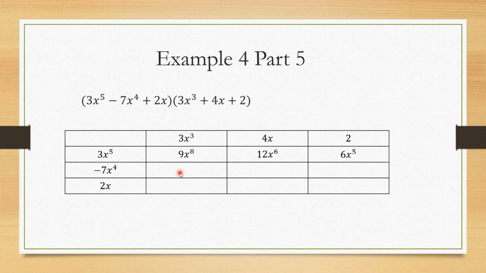That's what we get here. Right? Minus 7 times 3, that's minus 21. X to the 4 times x cubed is x to the 7. For this one, we have minus 7x to the 4 times 4x. That goes here. Over here, we have, well, minus 7x to the 4 times 2. That gives us this, as you can see.